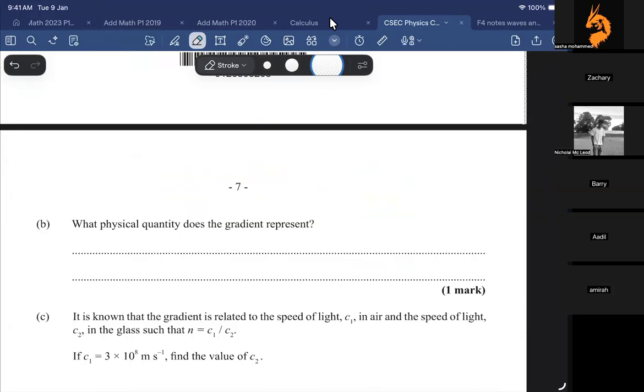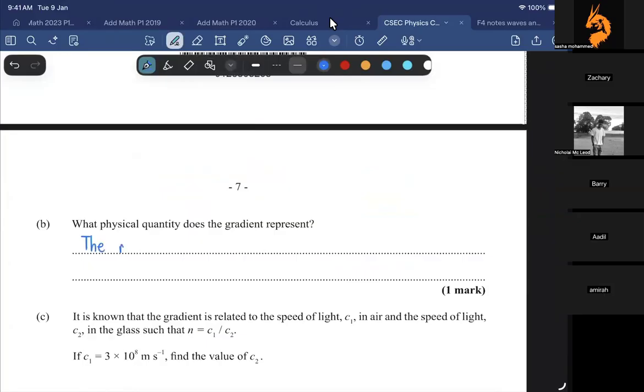Refractive index of the glass, sir? Yep. That's the only feasible answer I could think of. That's what it represents, the refractive index. But it said physical quantity. Let me just verify that.